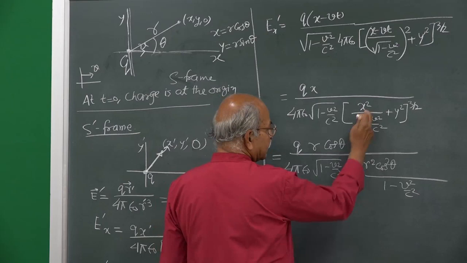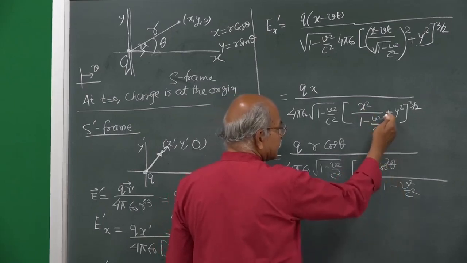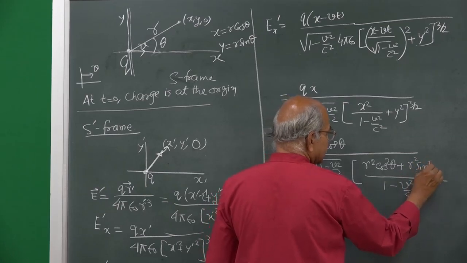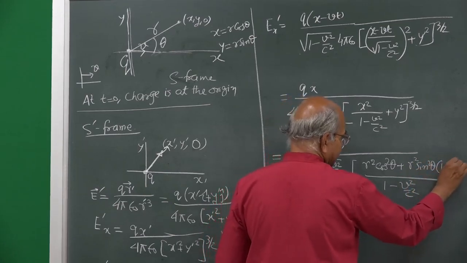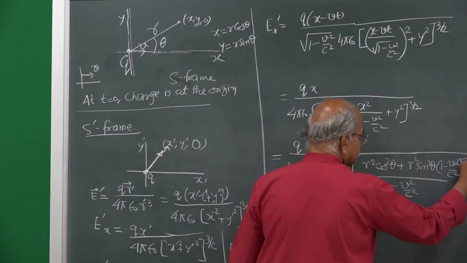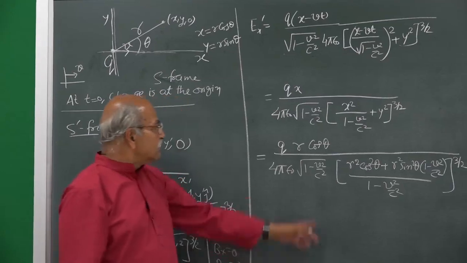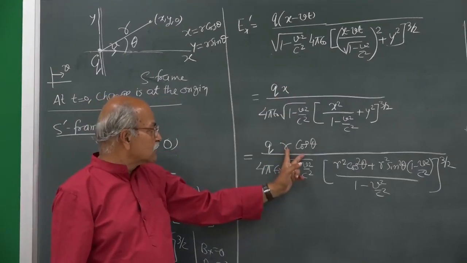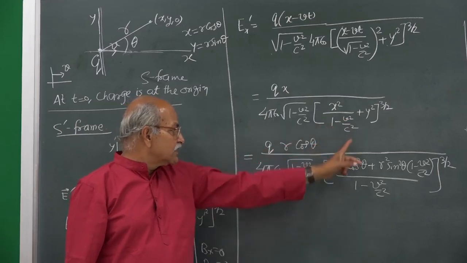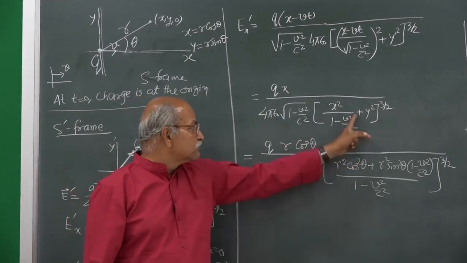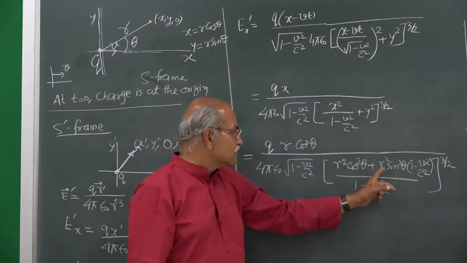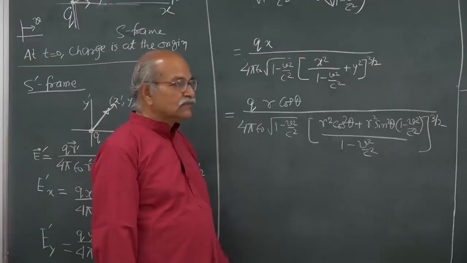So, x square divided by this is here, then plus y square, which is r square sin square theta, and that multiplied by 1 minus v square by c square. Right. So, what I have done, x I have put r cos theta. So, this x also I have put r cos theta, x square divided by this. So, you have x square divided by this plus y square. So, this will cancel out and it is y square, and y square is r square sin square theta.